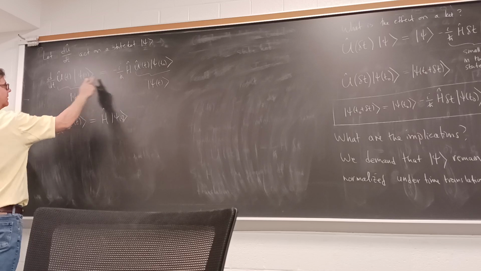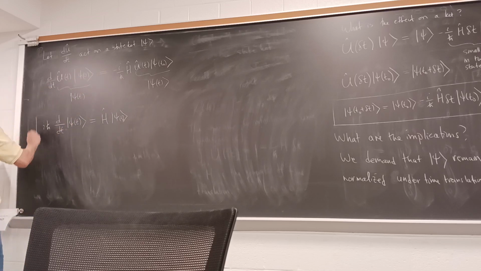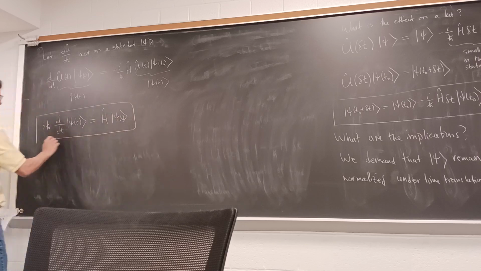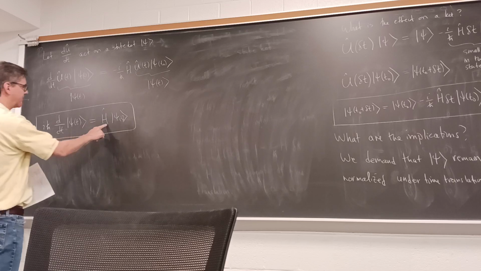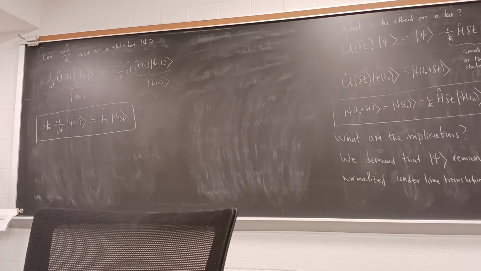I just brought up the h bar and then multiplied both sides by i. So that tells you that the generator of time translation, when it acts on a ket, just gives you the time derivative of the ket. And this is Schrodinger's equation.